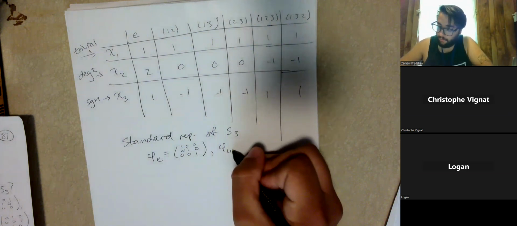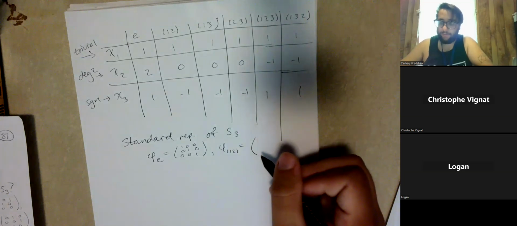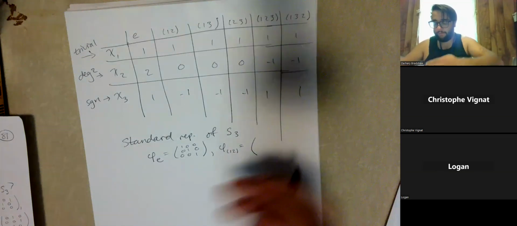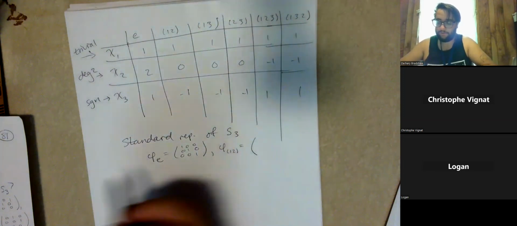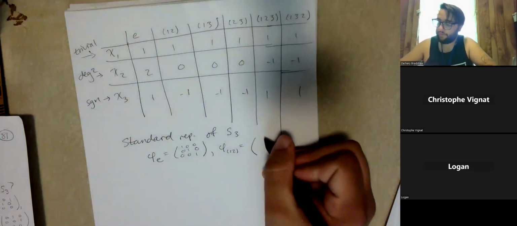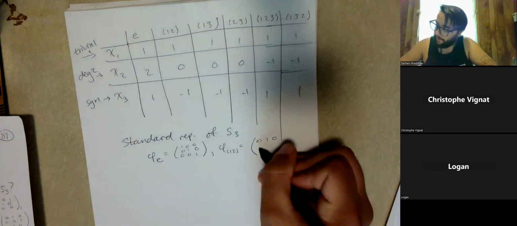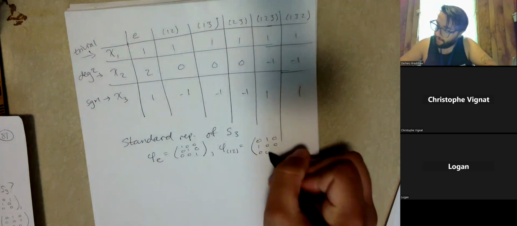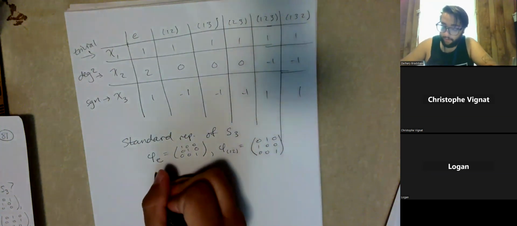Phi of (1 2): the way we construct the matrix is we permute the rows according to the permutation. So row 1 gets swapped with row 2 in the identity matrix, and we get 0, 1, 0, 1, 0, 0, 0, 0, 1.